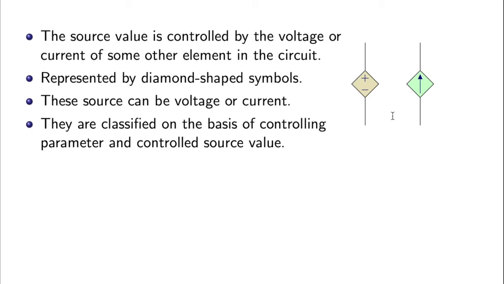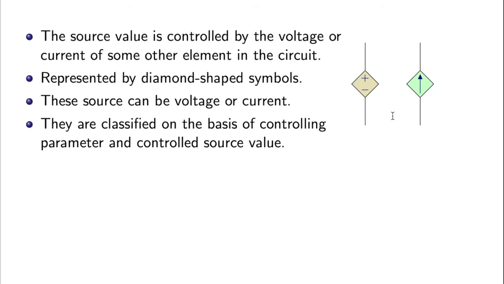When it is a controlled source or dependent source, there is a controlling parameter. The controlling parameter is the voltage or the current associated with other circuit elements. So there are two controlling parameters, and there are two controlled parameters, which can be voltage or current.